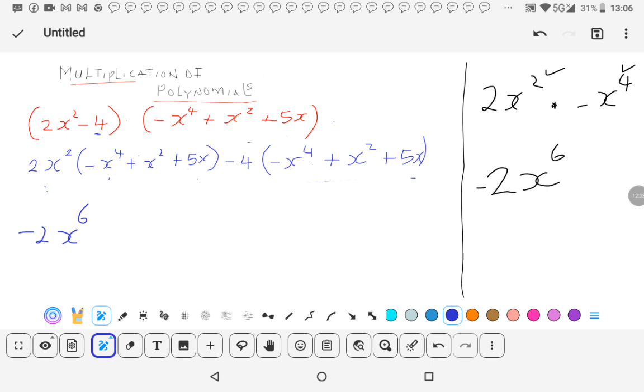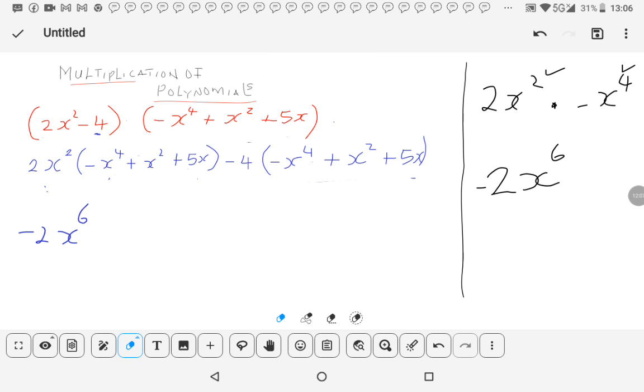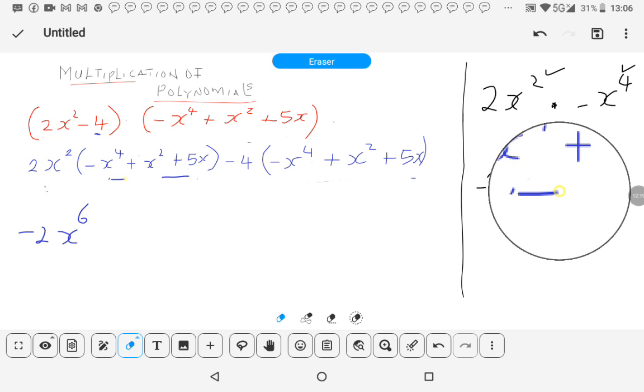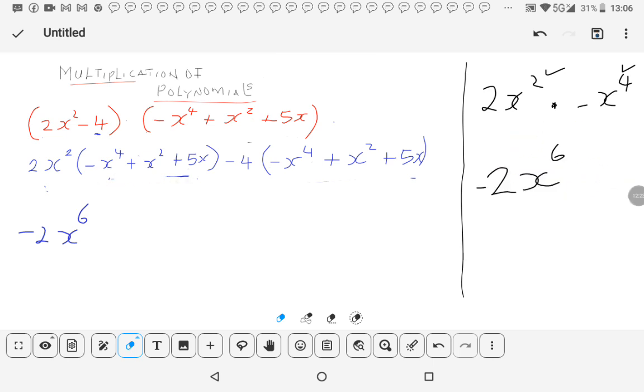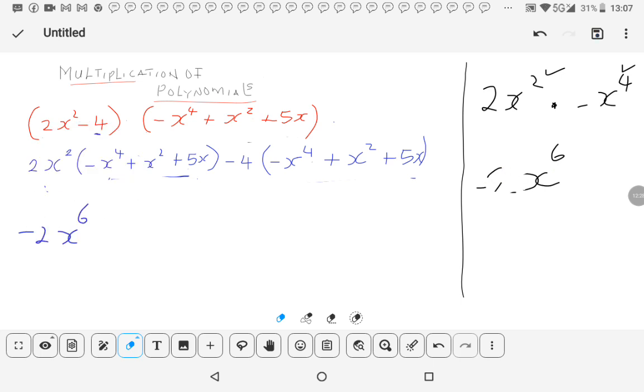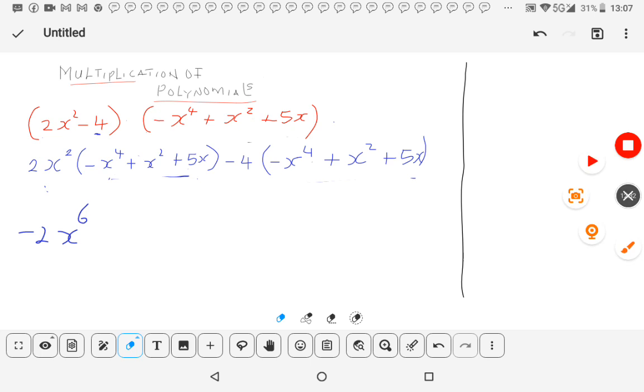Then you now multiply again, because 2x raised to the power of 2 is multiplying everything in this bracket. Please don't forget it, take note of it. It is multiplying everything in that particular bracket. So now the next one will be 2x raised to the power of 2 times x raised to the power of 2.